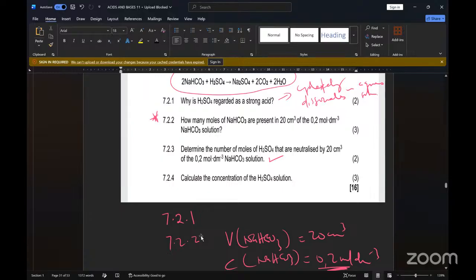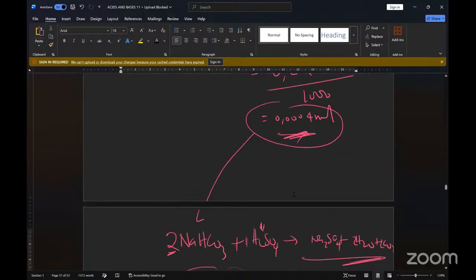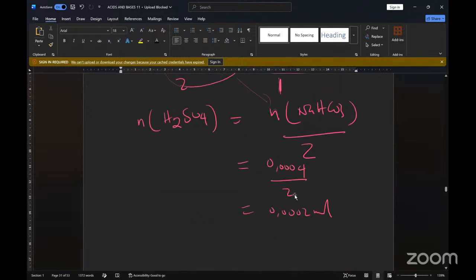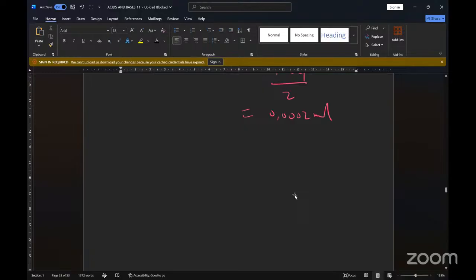So 7.2.4 says calculate the concentration of this one. So this is the number of moles. So we simply say concentration is equal to number of moles over volume. The number of moles here is 0,0002.